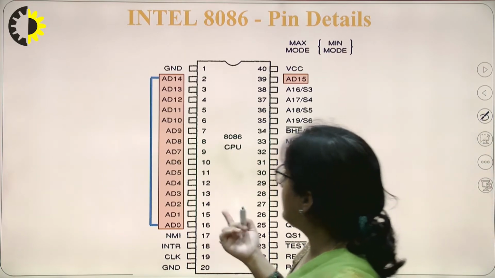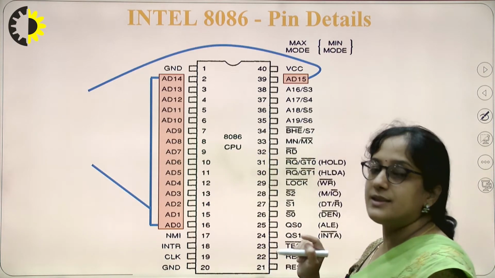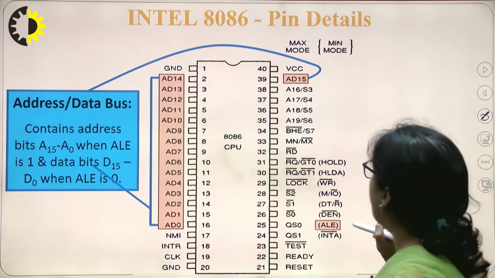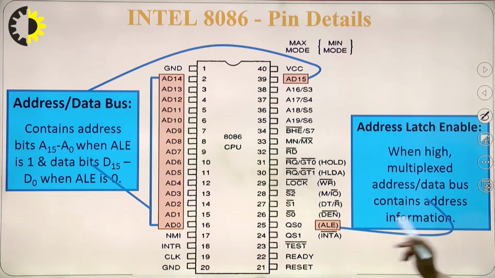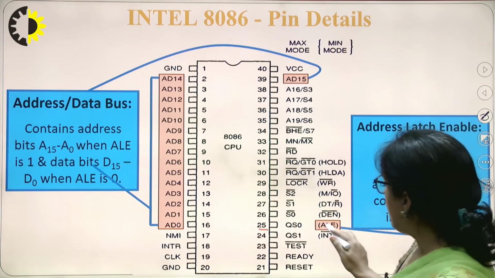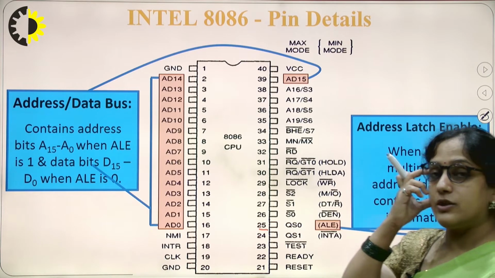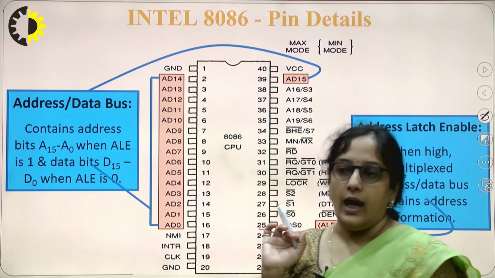These lines are multiplexed, and for demultiplexing we have to use ALE, the address latch enable. This ALE signal, pin number 25, is used to demultiplex the address and data lines.